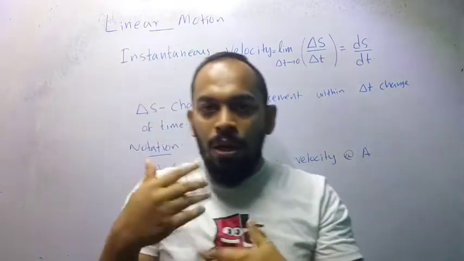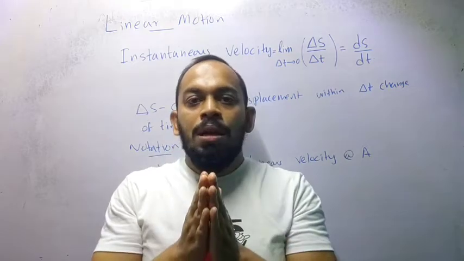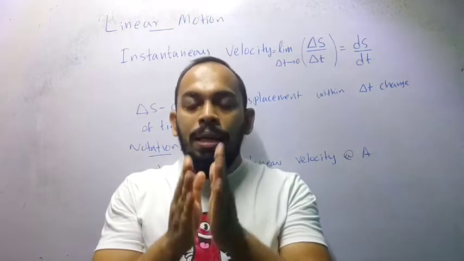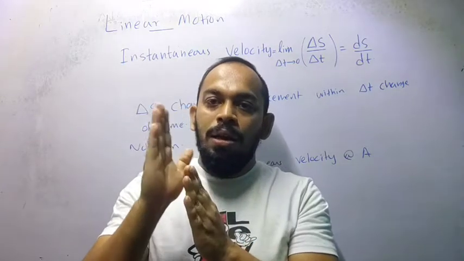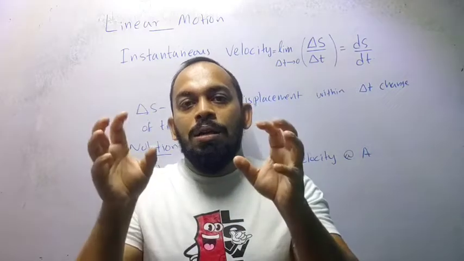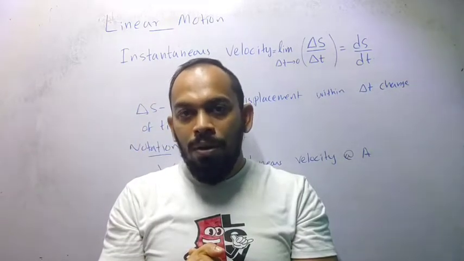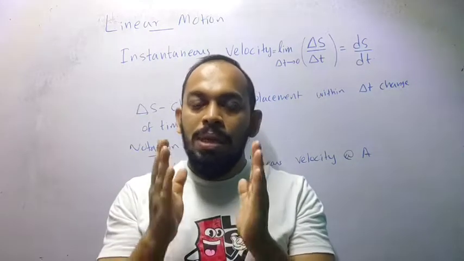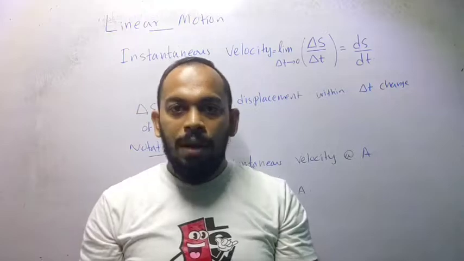Velocity is a vector, unlike speed, which means you have to take direction into account. So if you are considering only one dimension or one direction, speed and velocity are merely equal. So we can say speed is equal to the magnitude of velocity.